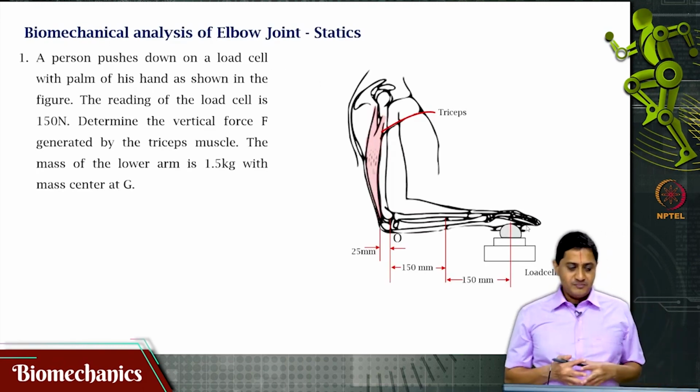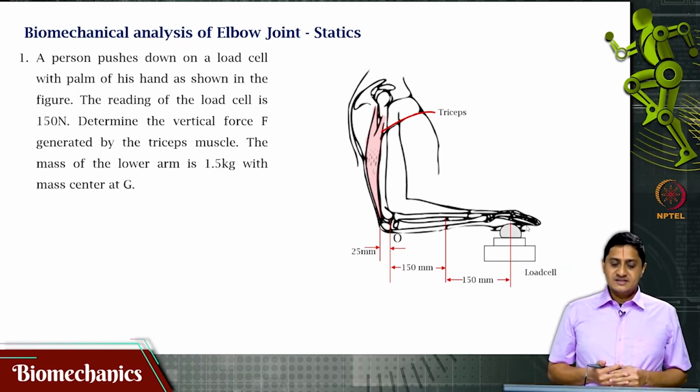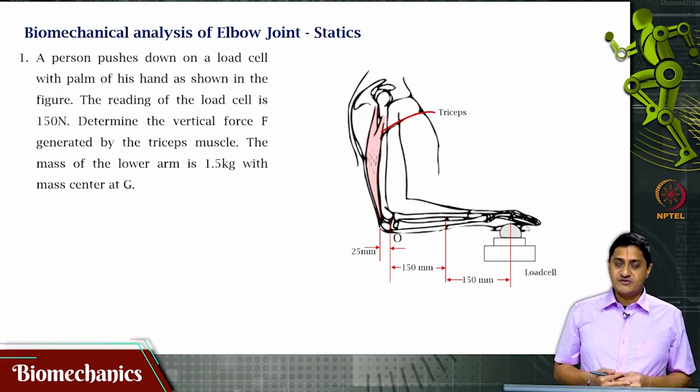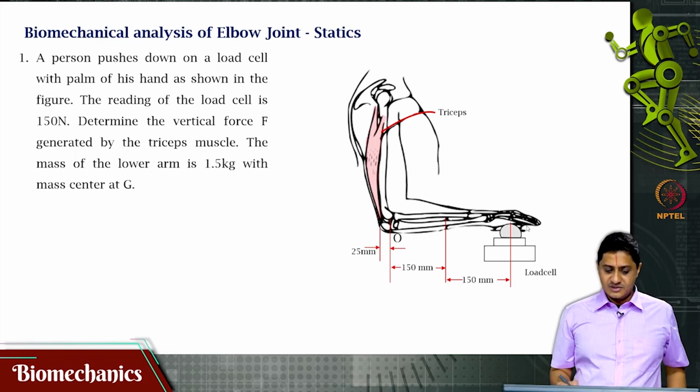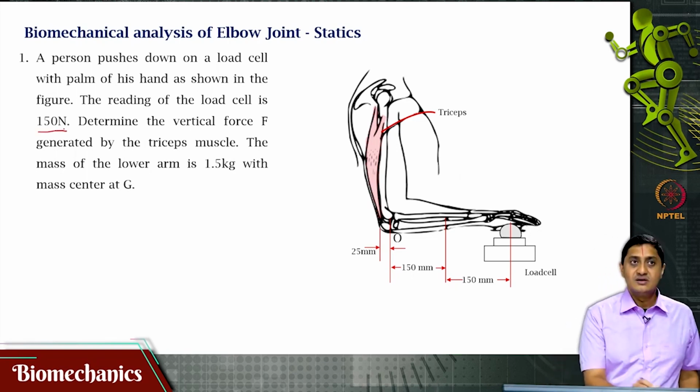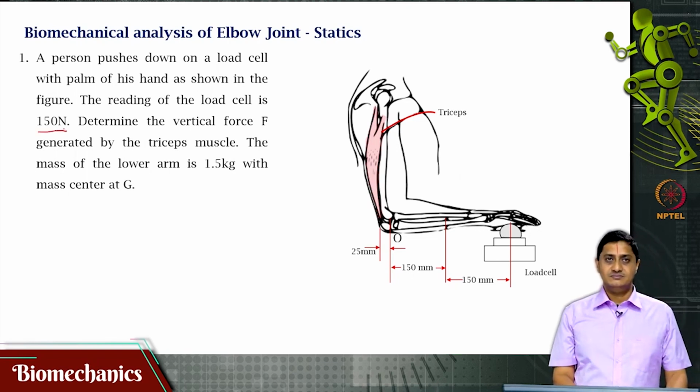Here is a simple problem. A person pushes down on a load cell with the palm of his hand as shown in the figure. The reading that is measured on the load cell is 150 newtons.